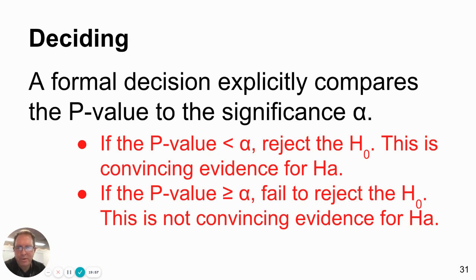If the p-value is less than alpha, reject the null hypothesis. This is convincing evidence for the alternative hypothesis. If the p-value is greater than or equal to alpha, then we fail to reject the null hypothesis. This is not convincing evidence for the alternative hypothesis.